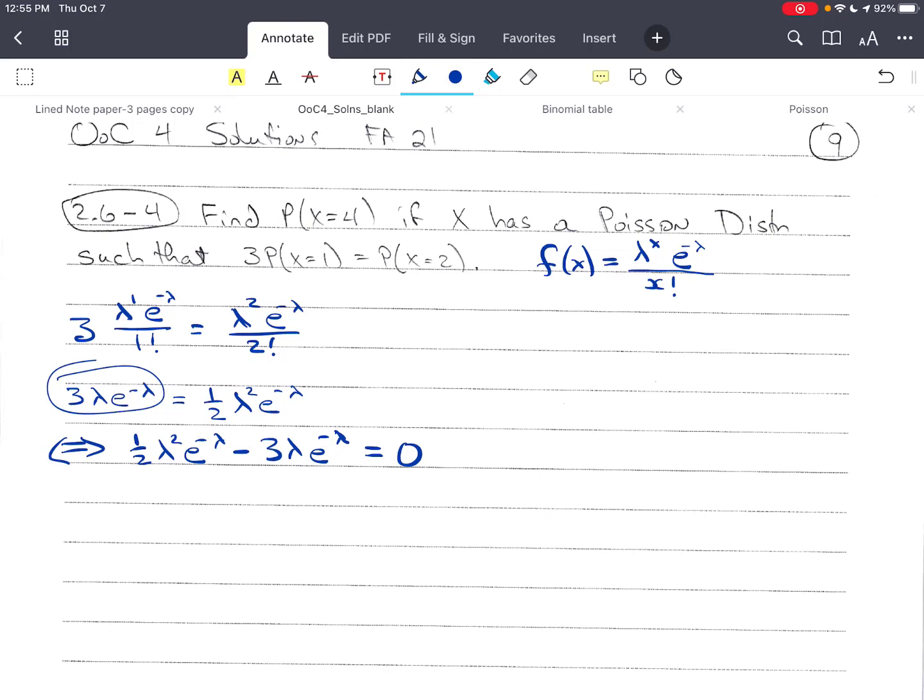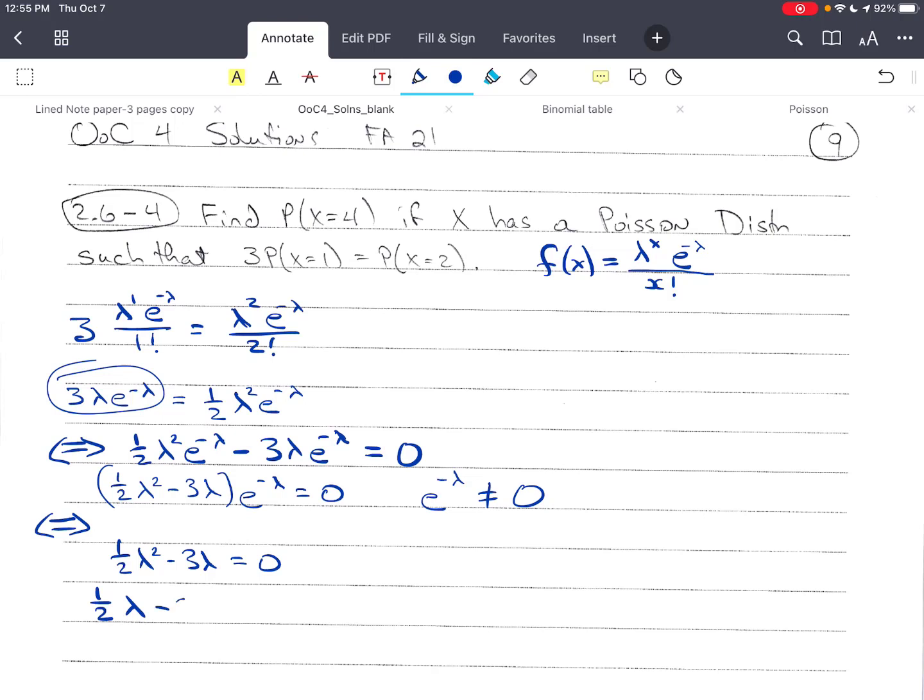Now, what I can do is say 1/2 lambda squared minus 3 lambda times e to the negative lambda equals 0. Well, e to the negative lambda is never equal to 0. So this is true if and only if 1/2 lambda squared minus 3 lambda is equal to 0. If you try to cancel out lambdas, you're going to miss a possible solution. Don't do that. That would be wrong. So we can factor a lambda out of both of these.